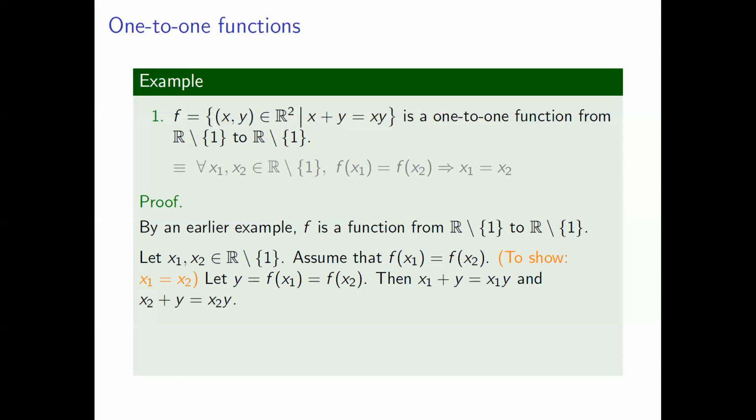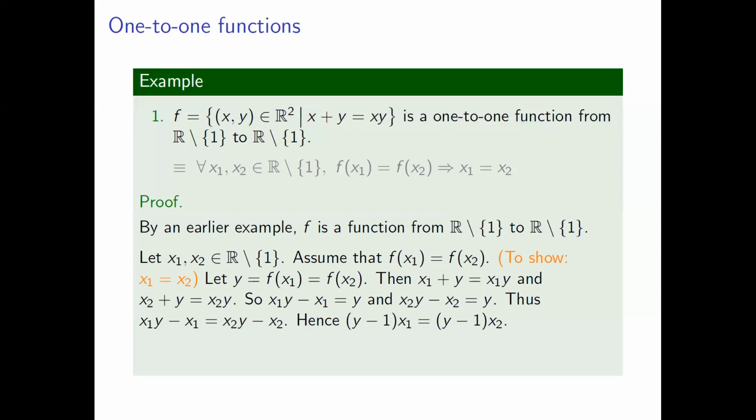Then, by the definition of f, x1 plus y equals x1 times y, and x2 plus y equals x2 times y. So, x1 times y minus x1 equals y, and x2 times y minus x2 equals y. Thus, x1 times y minus x1 equals x2 times y minus x2.